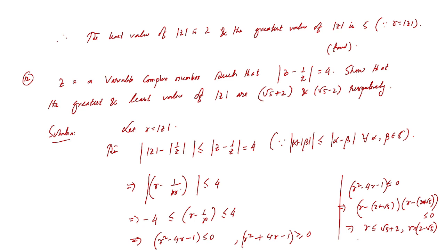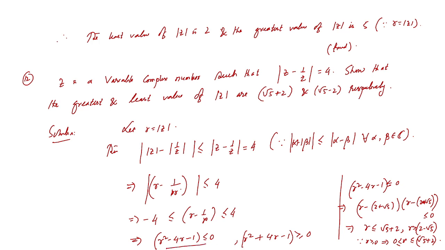Now since r is greater than or equal to 0, that means 0 is less than r, less than or equal to root 5 plus 2. That will be the region of r, the first case.